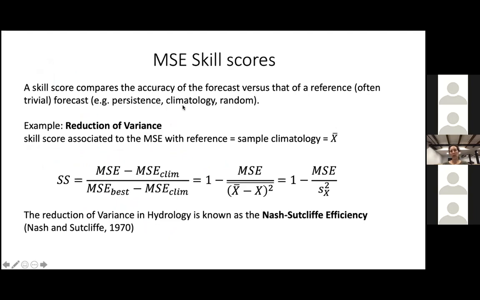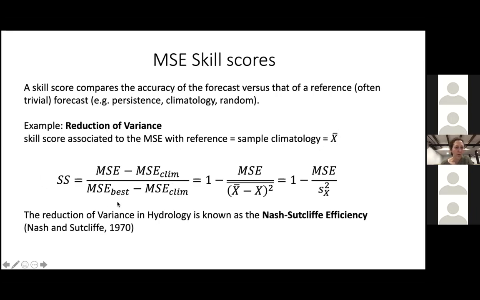It could be also a long-term climatology or the sample climatology, or the random forecast. An example of this is the reduction of variance. This is the skill score associated to the mean squared error, and the reference is the sample climatology, which means essentially that I always forecast the observed mean.